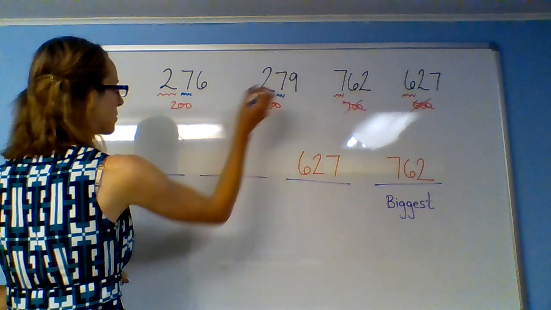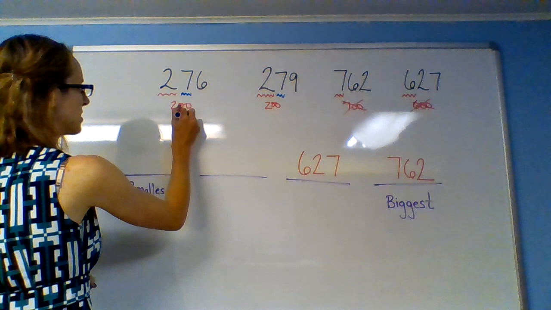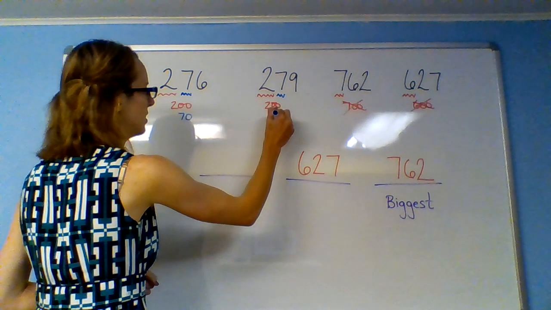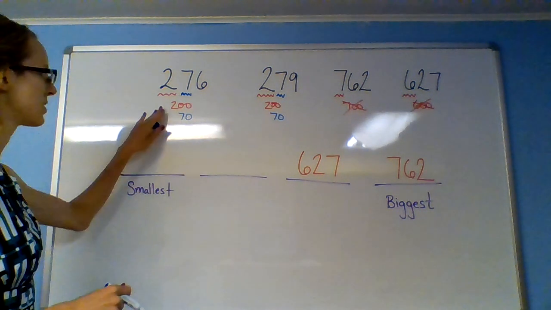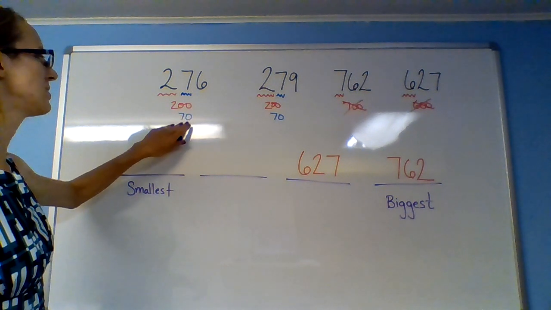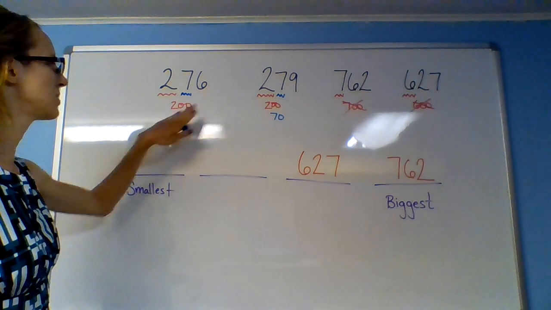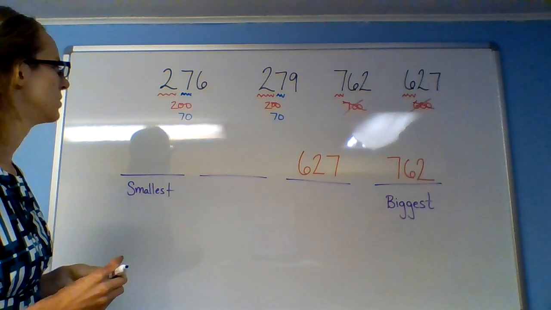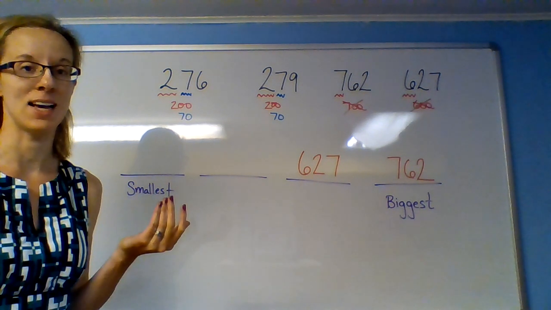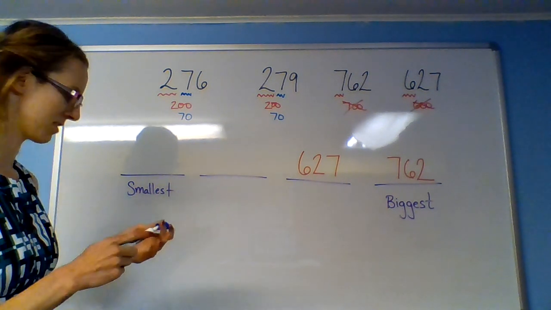In these numbers, I have 7 tens, so I have 70. I know they're the same in the 100 spot, so now I just need to think about the tens. Which number has more tens? Well, they both have 7 tens, so that's not really helpful either.